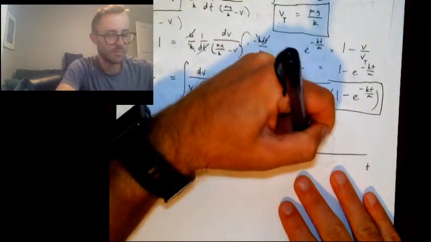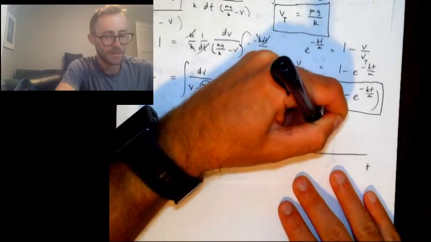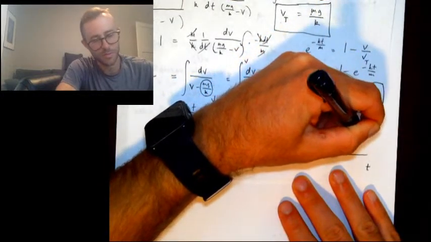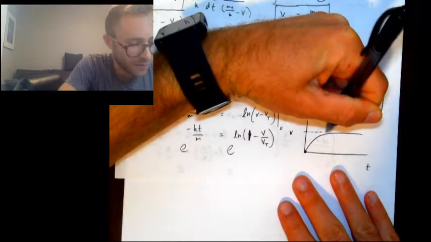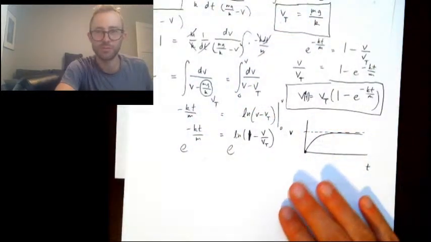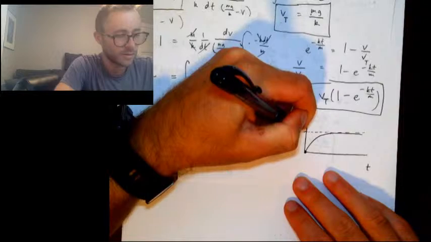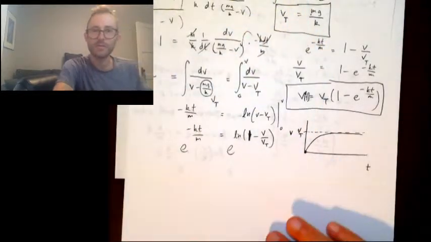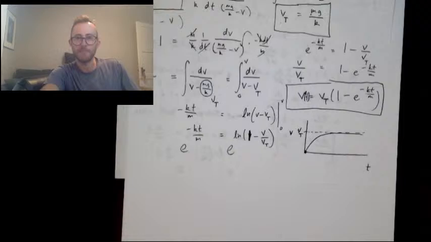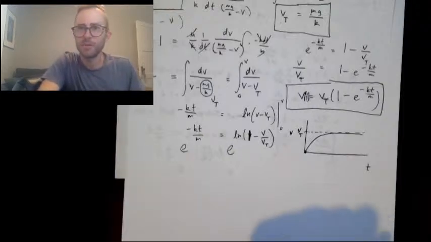And it's going to build up to the terminal velocity. Okay? So after a long time, the velocity approaches the terminal velocity. Okay? You know what? Why don't we plug this into Desmos?